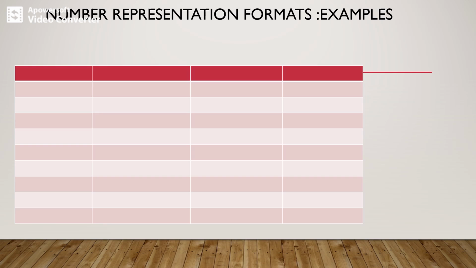Number representation formats. So first we'll consider B. The second column is sign and magnitude. The next is the one's complement method. The last column is the two's complement method.